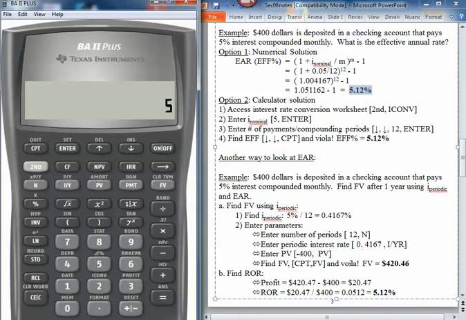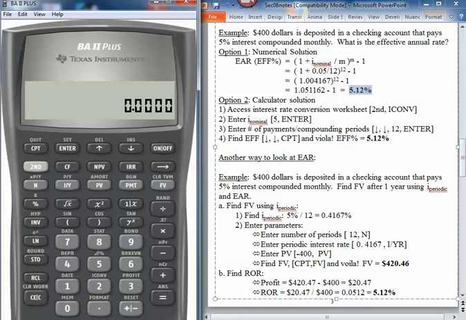The periodic rate would be 5% divided by 12, the interest rate per month. We'll deposit $400 into this account and compute the future value. So we see we get $420.46.